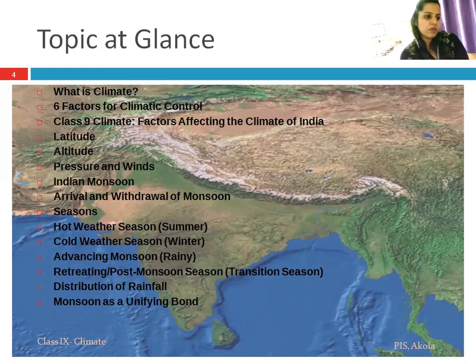Then the different seasons: the hot weather season, popularly called summer, the cold weather season, popularly known as winter, advancing monsoon, which is rainy, and the retreating or post monsoon season, that is the transition season. Even people refer to it as autumn or spring. Then distribution of rainfall, and at the end, we will study how monsoon serves as a unifying bond.